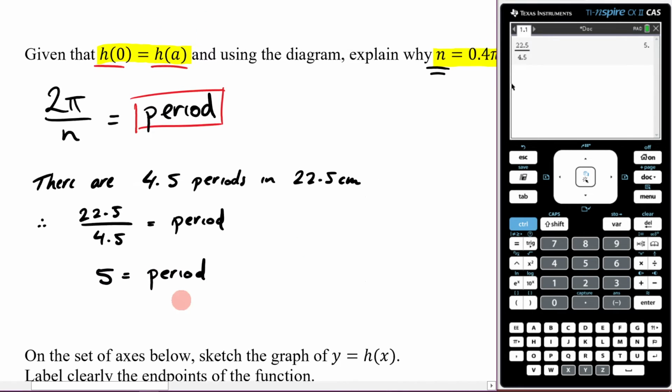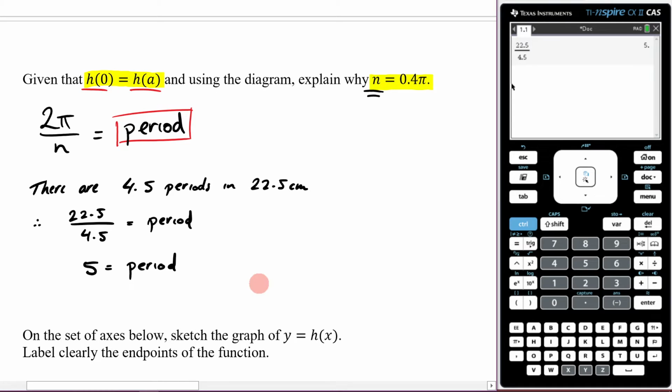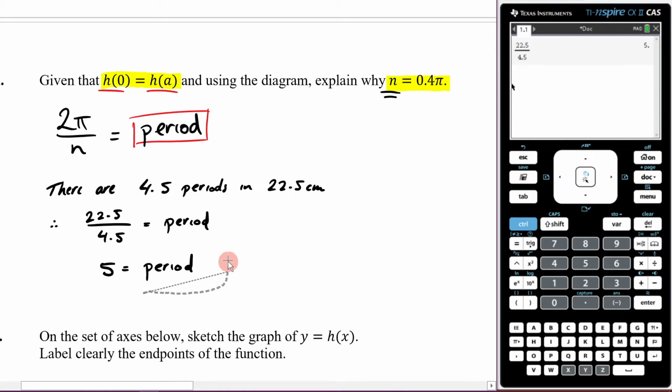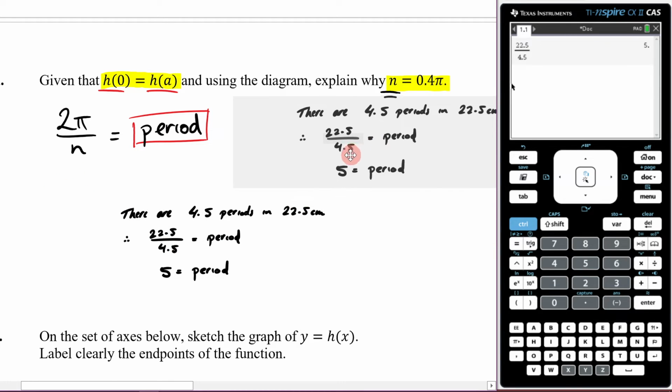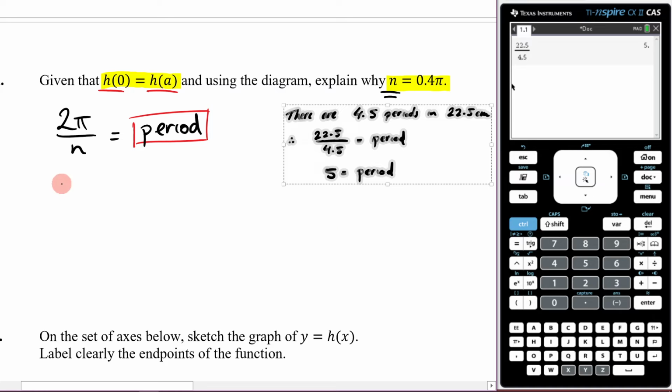And now I can come back to what I was doing over here. This is where you want to make sure that you're setting your working out nicely. I have the added advantage that I can move things around here. So maybe I want to put this over here, because now I can say, all right, that is the period. So I can now say 2 pi on n is equal to 5.